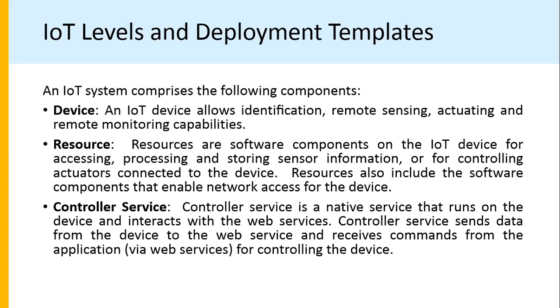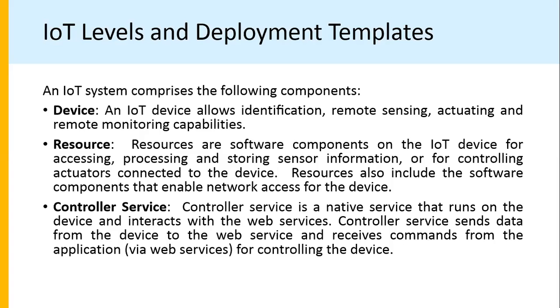So when there is an IoT system and devices are there, some resources are required to access IoT devices, for processing, and also for storing sensor information or for controlling actuators connected to the devices. Resources also include the software components that enable network access for the device.